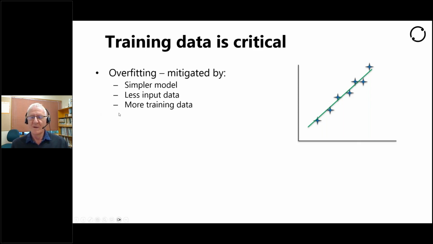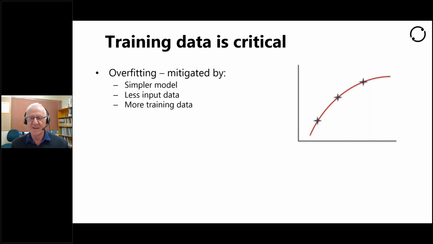But let's say we actually had fewer points. Well, we could probably still see that we can fit a reasonable straight line through those few points if we didn't have as much training data. But if we allow the model to be more complex, then the model can overfit to the data, and it may actually fit a curve, for instance here, that is not actually appropriate for what the reality is on the ground.